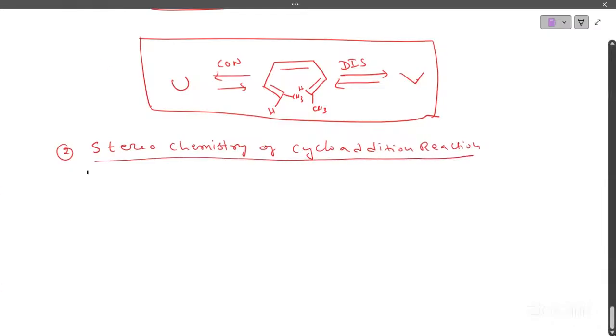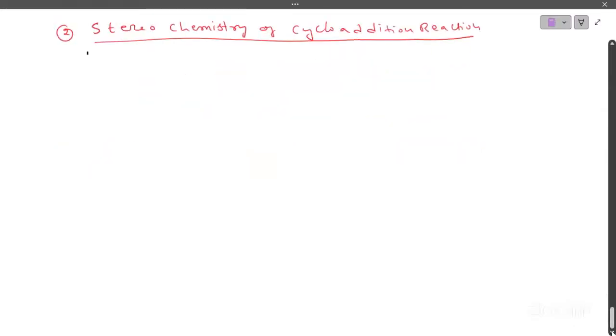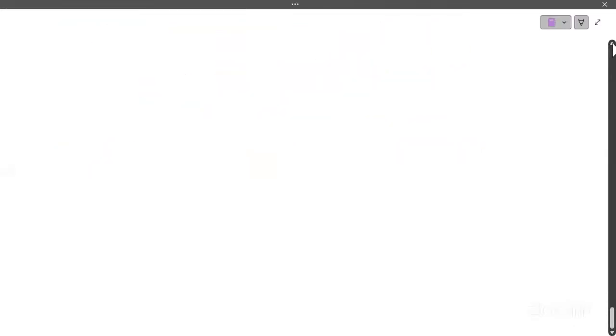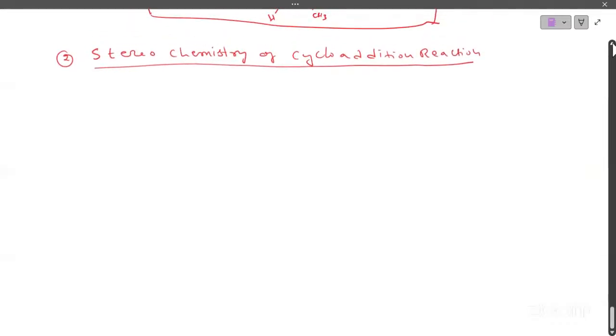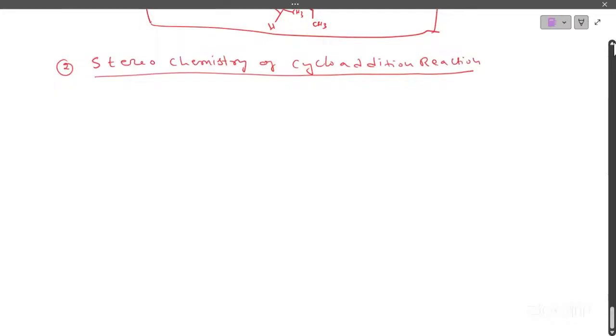Before understanding the stereochemistry, first you need to understand how these pi systems behave. What is the definition of cycloaddition? A conjugate addition of two or more pi systems to produce the adduct is known as a cycloaddition reaction.